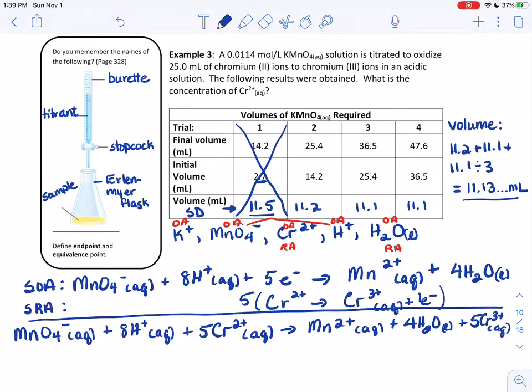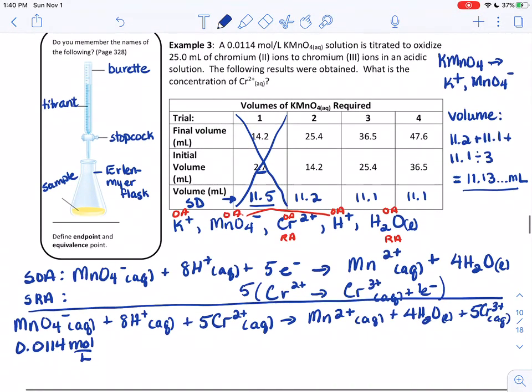So I have a 0.0114 mole per liter potassium permanganate solution. And by the way, how do I know that the potassium permanganate and the permanganate have the same concentration? Well, think about it. KMnO4 dissociates into K+ and MnO4-. I forgot to mention that last time, in the last equations that we did. So that's why I know that the concentration of KMnO4 is the same as MnO4-. And by the way, we will never give you anything that's not a 1-to-1 ratio.